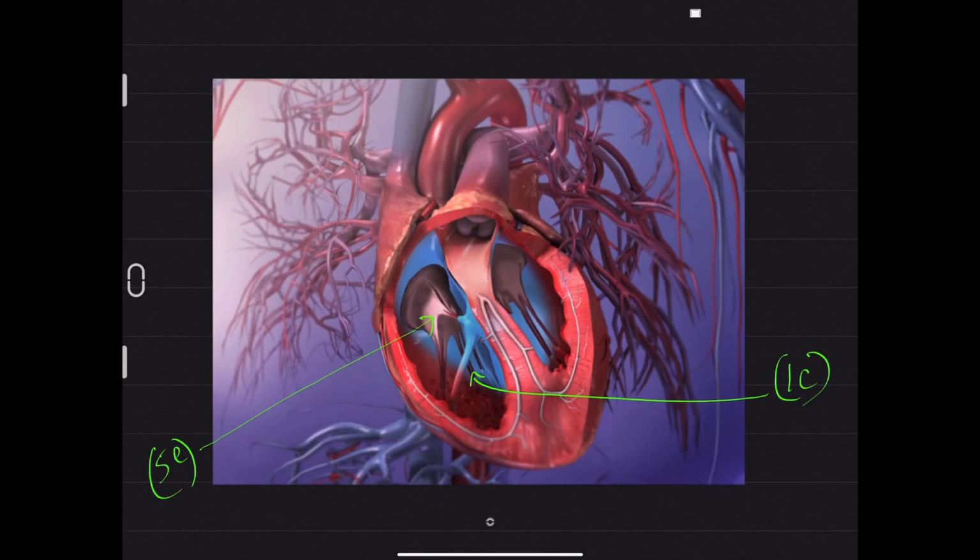Let's take this structure here. What is this structure here? And we'll say this is 1F. Okay, so can you identify these structures and can you put the corresponding number and letter on Teams?